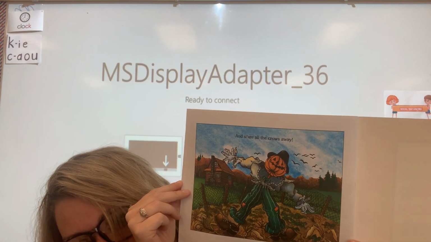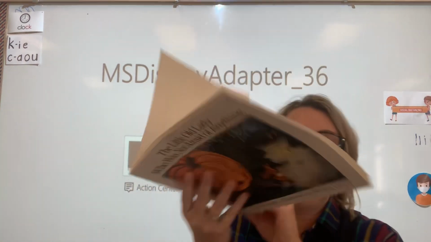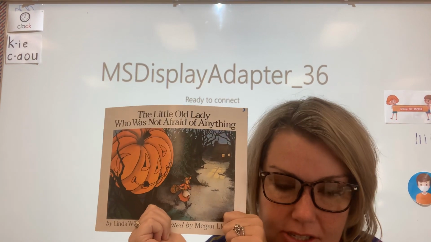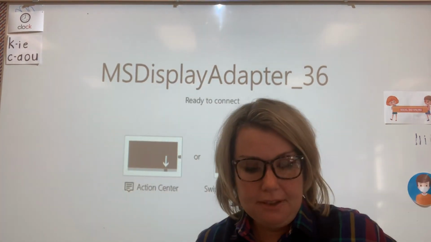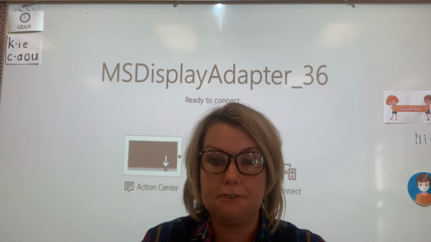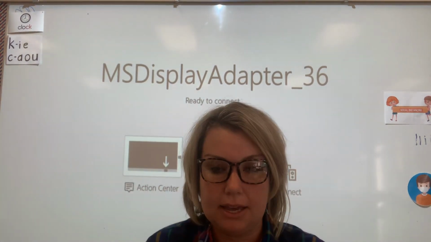A scarecrow. A scarecrow. I like that book because there's a lot of movement activity in the book and it's fun to read. So if you think this book was fiction, a story made from someone's imagination, give me a thumbs up. If you think this story was nonfiction, real information, give me thumbs down.